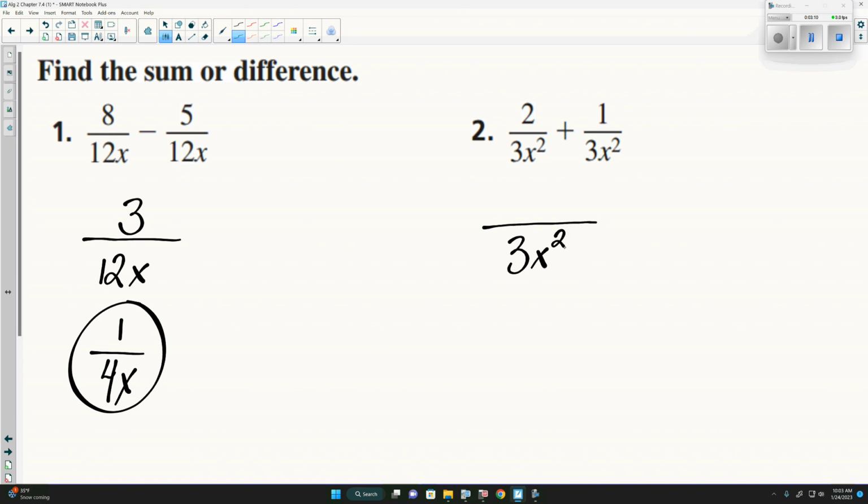The next one does have like bases of 3x squared. So we can add the numerators. 2 plus 1 is? 3, which gives us 3 over 3x squared, and 3 over 3 reduces to 1, so we'd have 1 over x squared. Questions on this here?